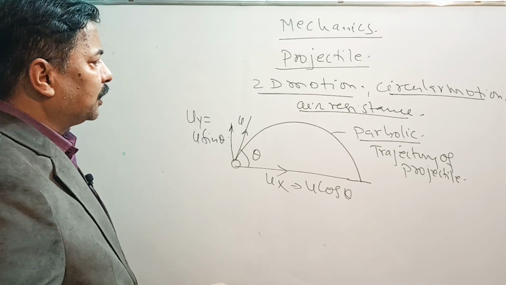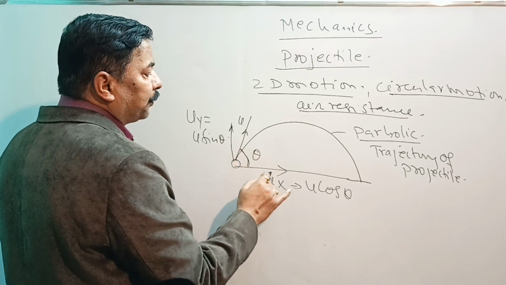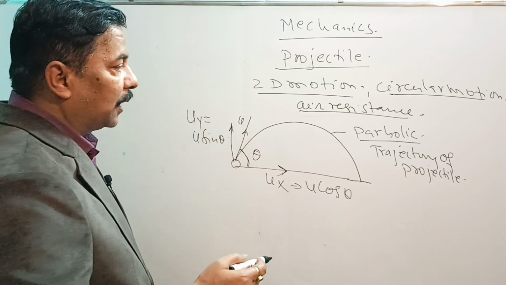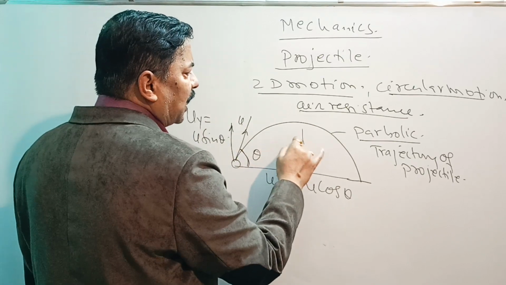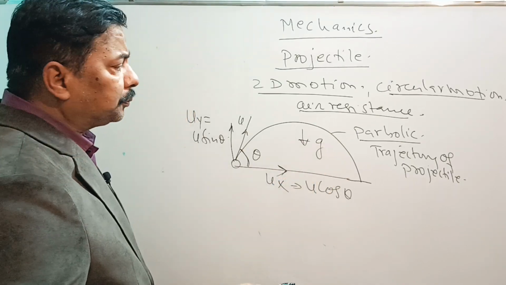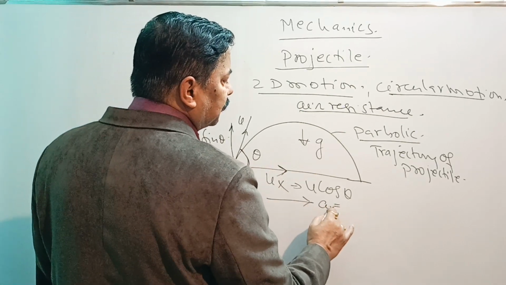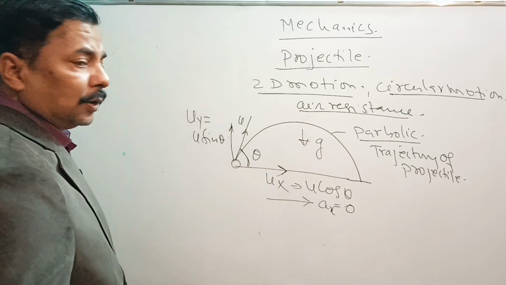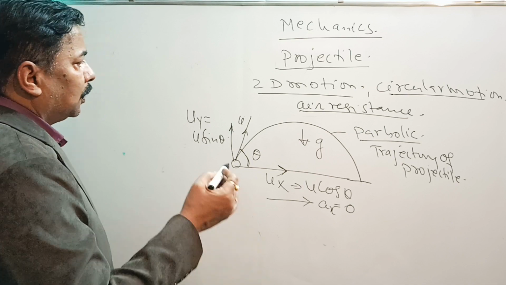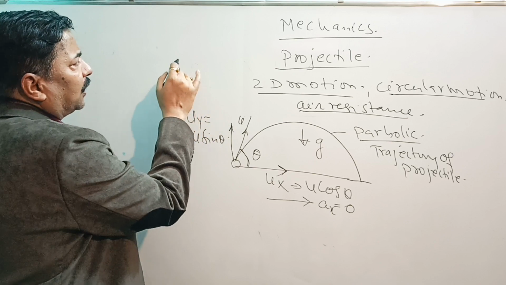Now here it is important to understand that u is the velocity of projection at an angle theta, whose x component is u cos theta and y component is u sin theta. In the vertical direction, g is acting, whereas in horizontal direction, acceleration is 0. So a projectile can be conceptualized in this way, that in projectile motion, two motions are there.